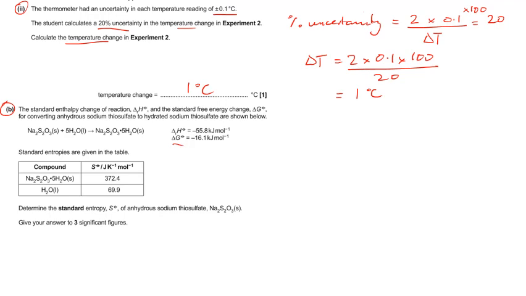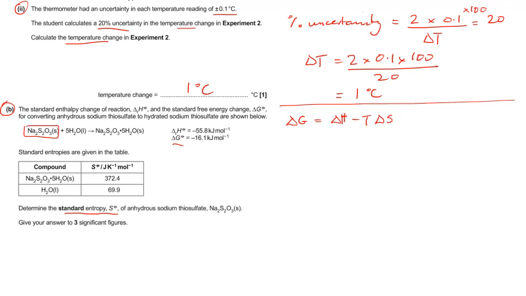I'll let you read the question there, and you'll realise that the equation we're going to use, I'll just draw a line under that to make it clear, is delta G equals delta H take T delta S. We're being asked for the standard entropy, just S, so not delta S, just S, of anhydrous thiosulfate, so this one here.